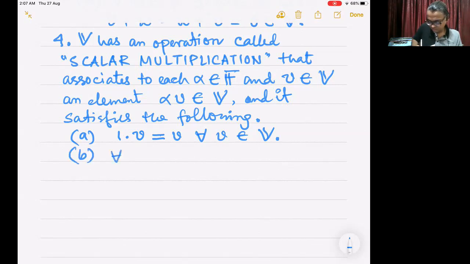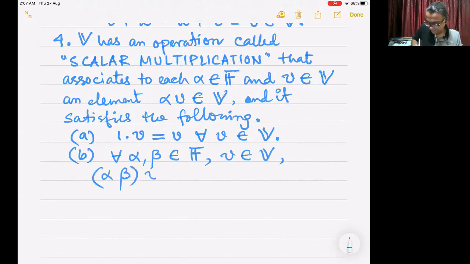For all scalars alpha, beta and v in V, we must have (alpha beta), multiplied over the field, scalar multiplied with the vector v, is the same as alpha scalar multiplied with the vector (beta v). So some sort of an associativity.